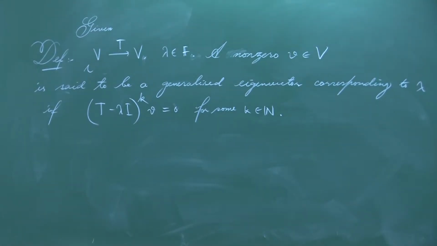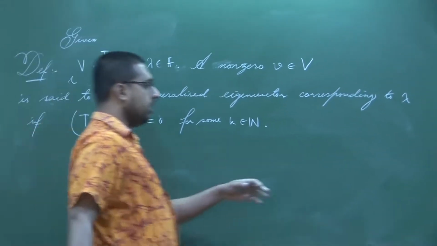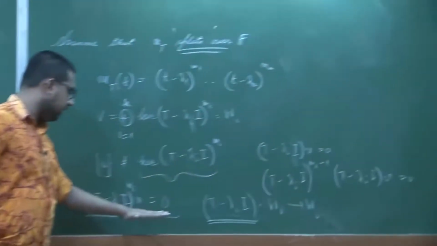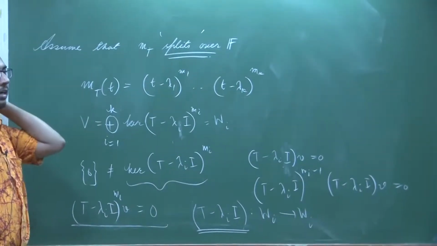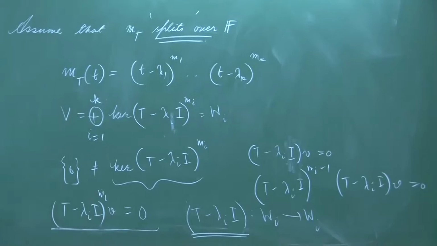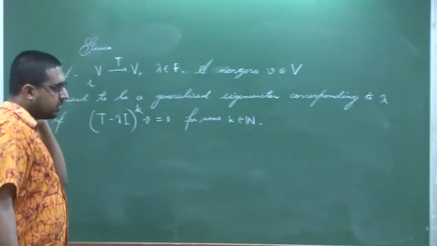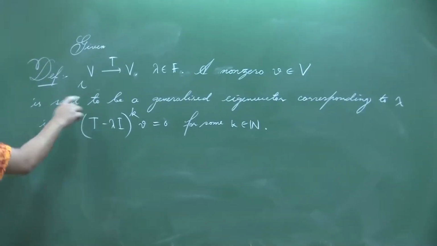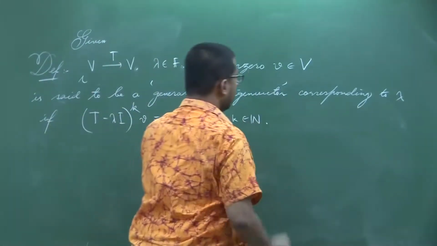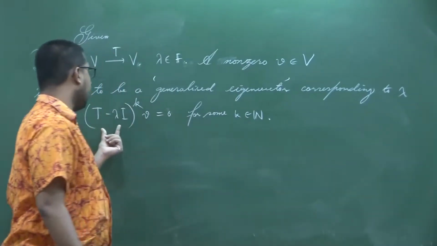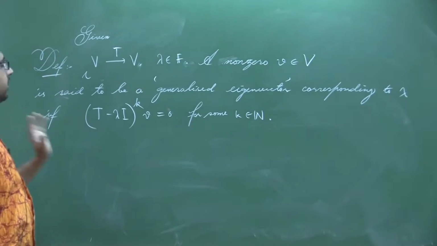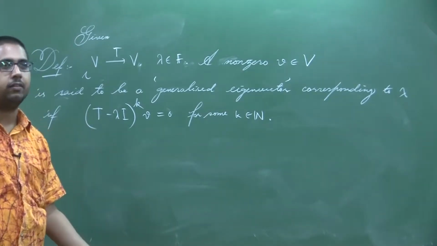So the definition is motivated by what I have seen here. A vector is a generalized eigenvector, generalized in the sense that for an eigenvector corresponding to lambda, the operator T minus lambda I was directly killing that vector.